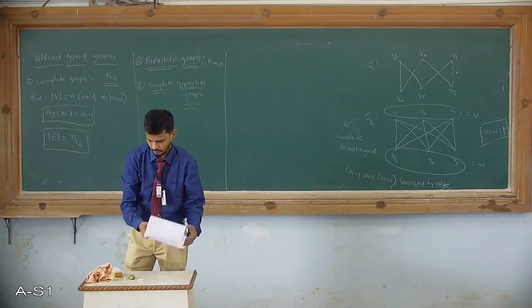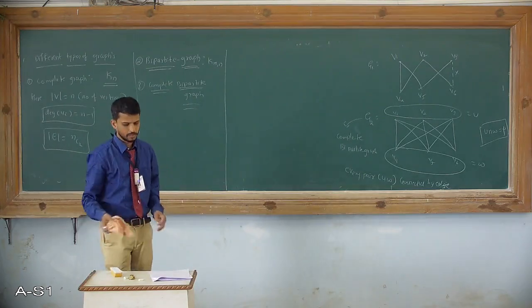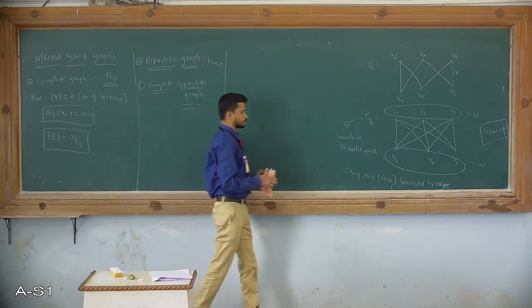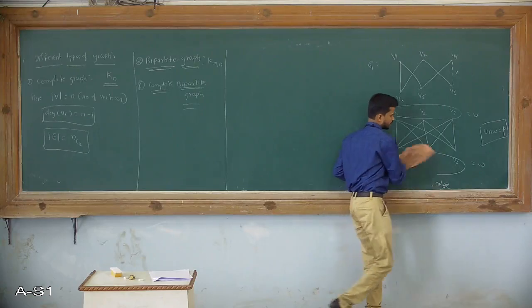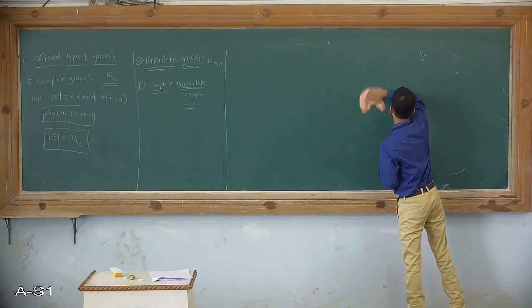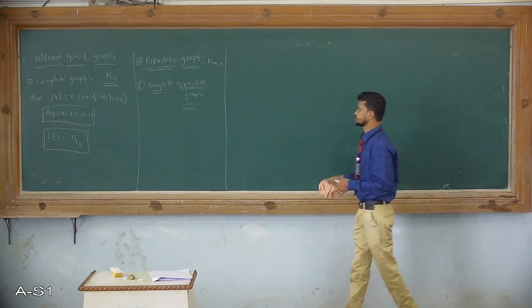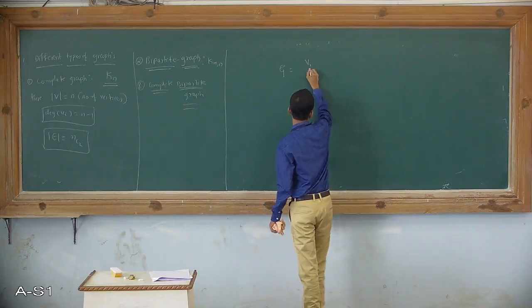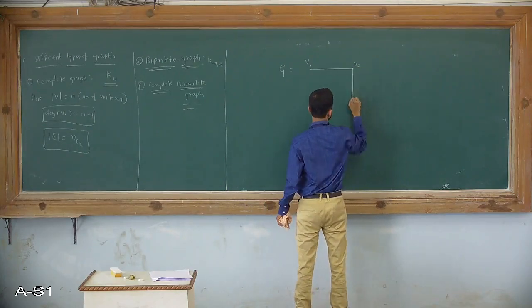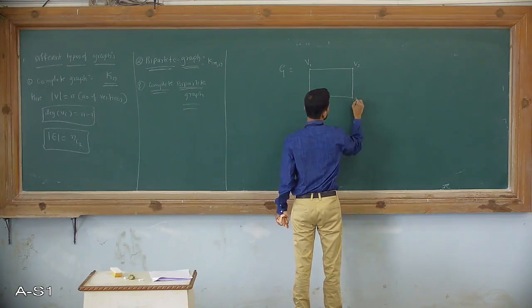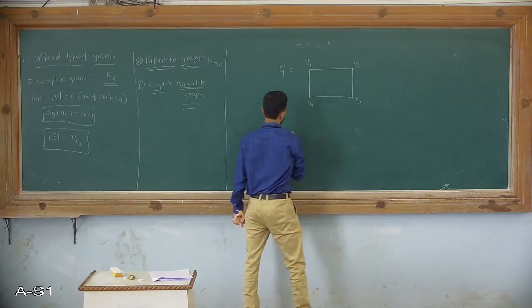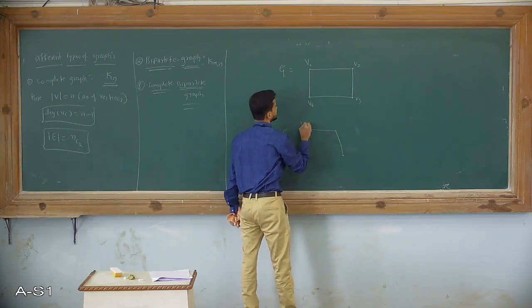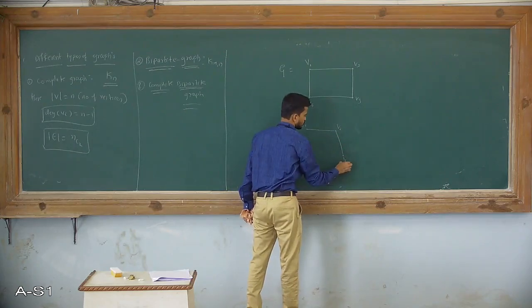Now we'll move to the next concept. Again, I consider some examples and we'll define the theoretical definition afterwards. Let us consider a graph G with vertices V1, V2, V3 and V4. I will consider graph G1 with V1, V2, V3.